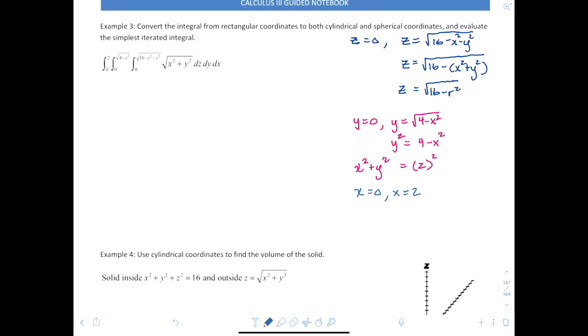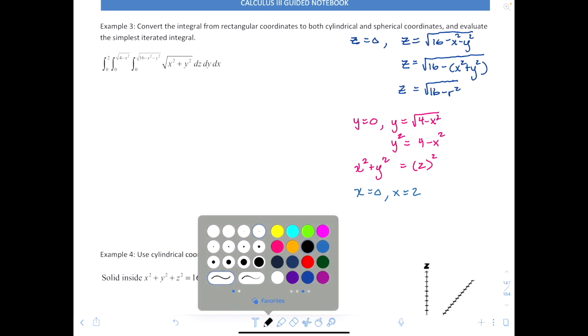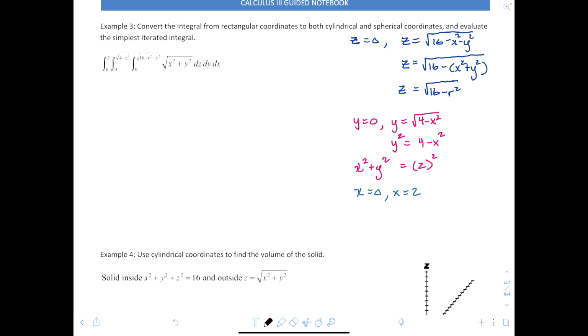This combination tells us that x is greater than or equal to 0 and less than or equal to 2, plus y greater than or equal to 0.